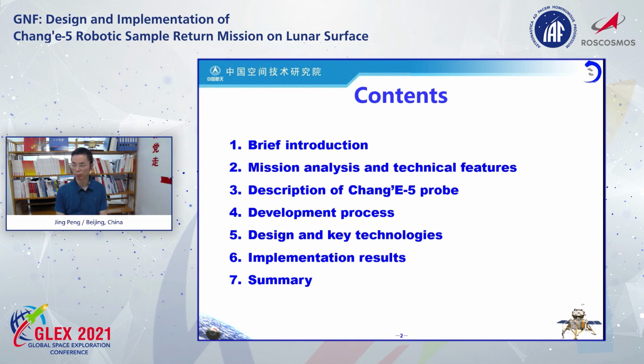And then the development process of the Chang'e-5 probe is described. After that, the breakthrough and innovation of key technologies such as soft landing, sampling, liftoff, rendezvous docking and sample transfer on lunar low orbit, and Transearth Injection are described. The flight result on orbit shows that the function and specification of Chang'e-5 satisfied all requirements, and the mission is a complete success.